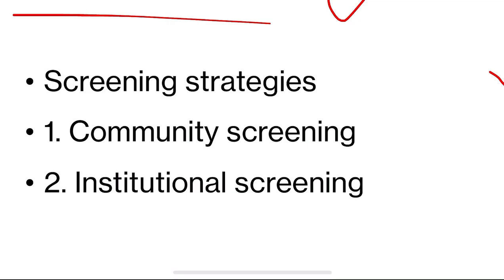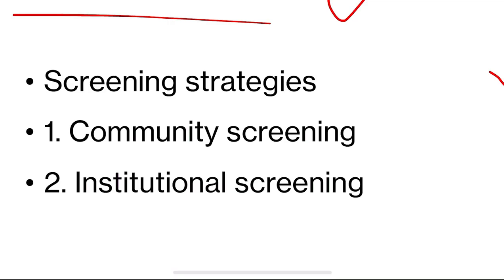Then comes the institutional screening. The institutional screening is in the healthcare facilities. Systematically, they will perform the active screening of the vulnerable individuals who are attending the hospitals or any other healthcare institution. And this institutional screening is carried out in congregate settings.